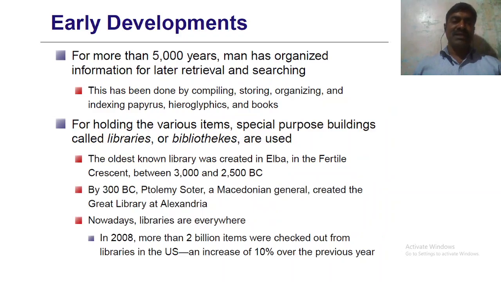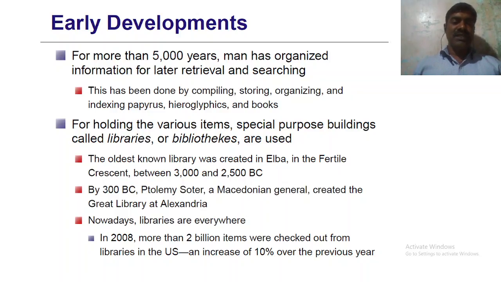Early developments. For more than 5,000 years, man has organized information for later retrieval and searching. This has been done by compiling, sorting, organizing, and indexing hieroglyphs and books. For holding the various items, special purpose buildings called libraries are used.